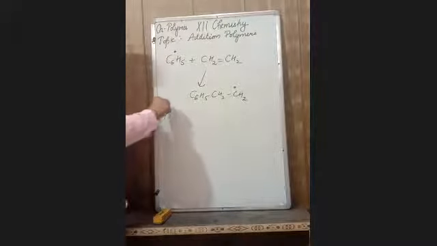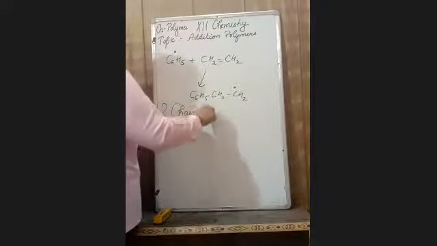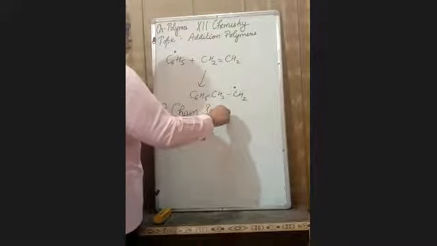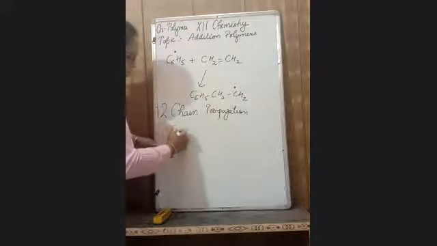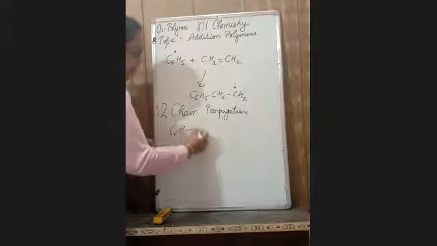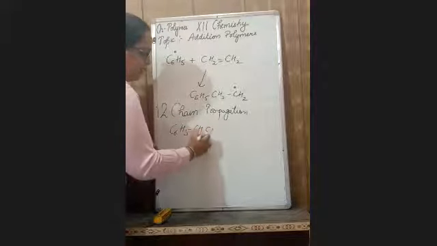Second step is chain propagation. Propagation means to make something move continuously. Now, this radical, which was generated in the last step, will attack other ethene molecules because we have to make a large number of polymers.